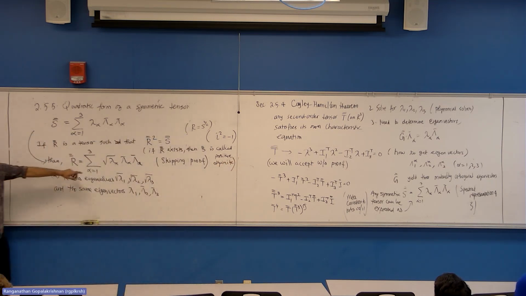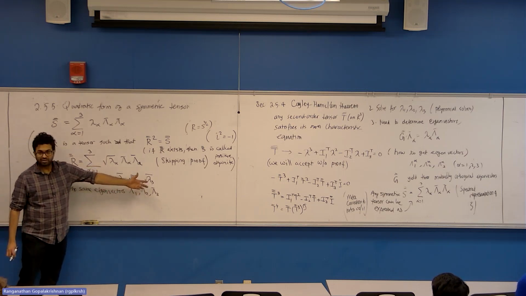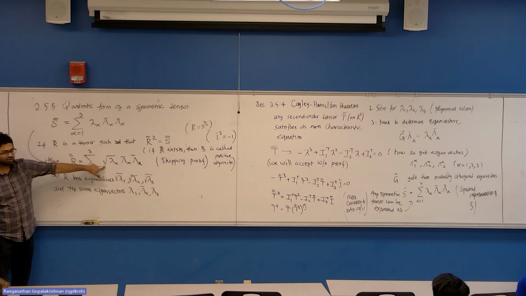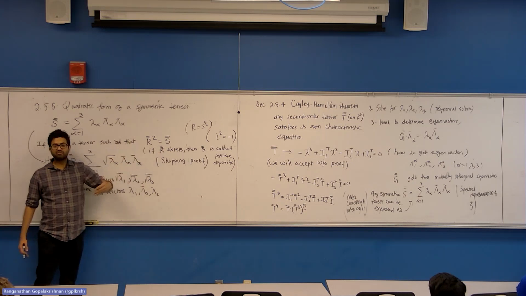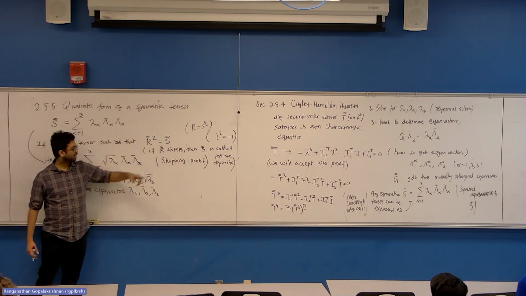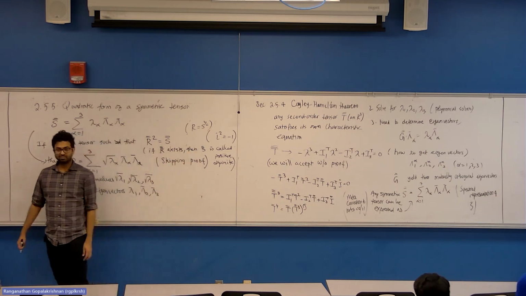Suppose you get eigenvalues which are all negative, for example. Then the square root of that negative value doesn't exist, which means R doesn't exist. If the eigenvalues are positive, then R exists, which makes S positive definite.